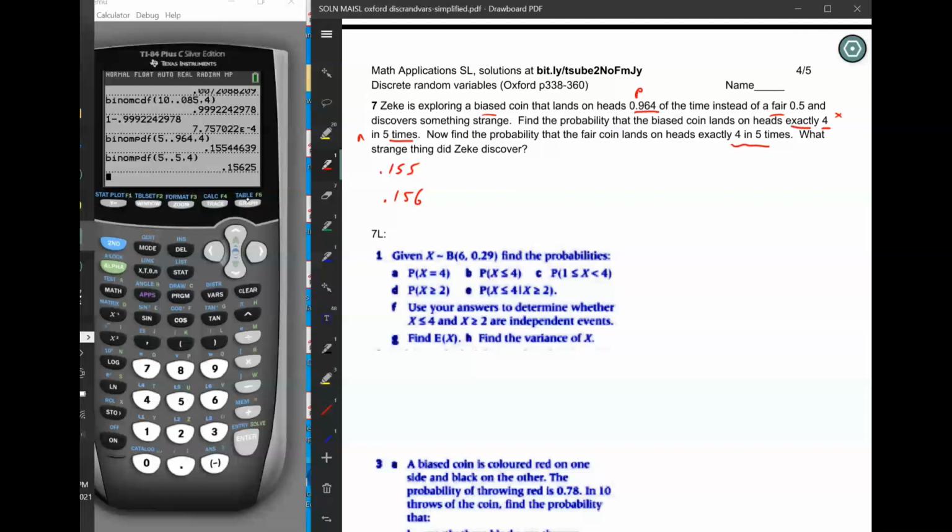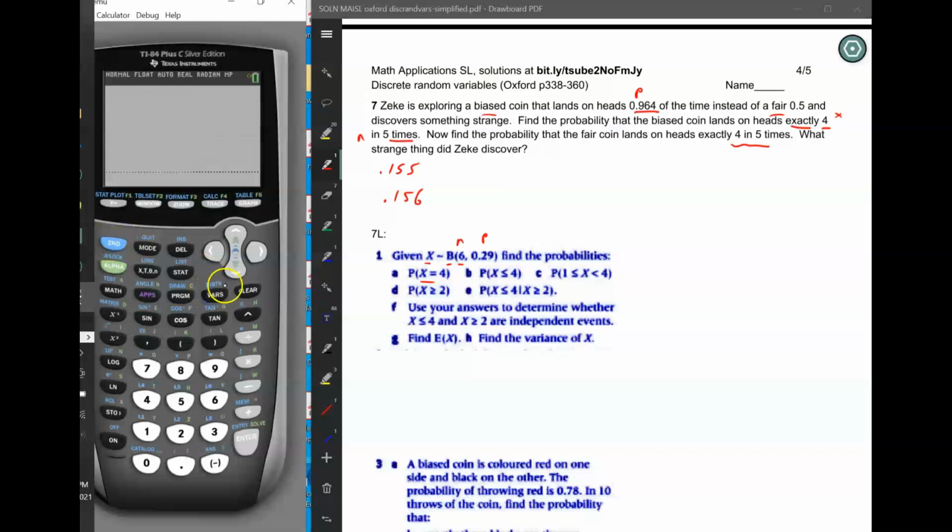Given that the random variable x is binomial distributed with n equals 6 and p equals 0.29, find the probabilities. So they start out with an easy one. So that x is exactly 4, so that would be binomial PDF with n equals 6, p equals 0.29, and x equals 4. So let's do that first.